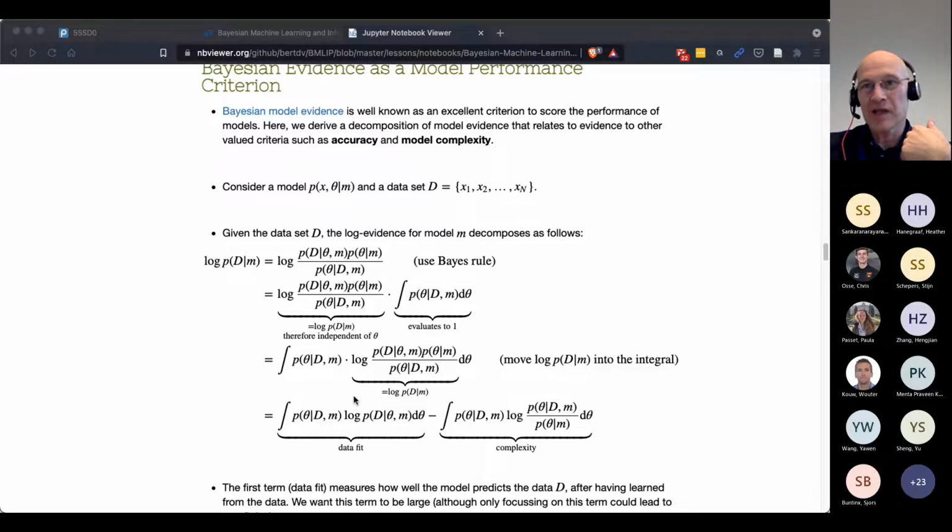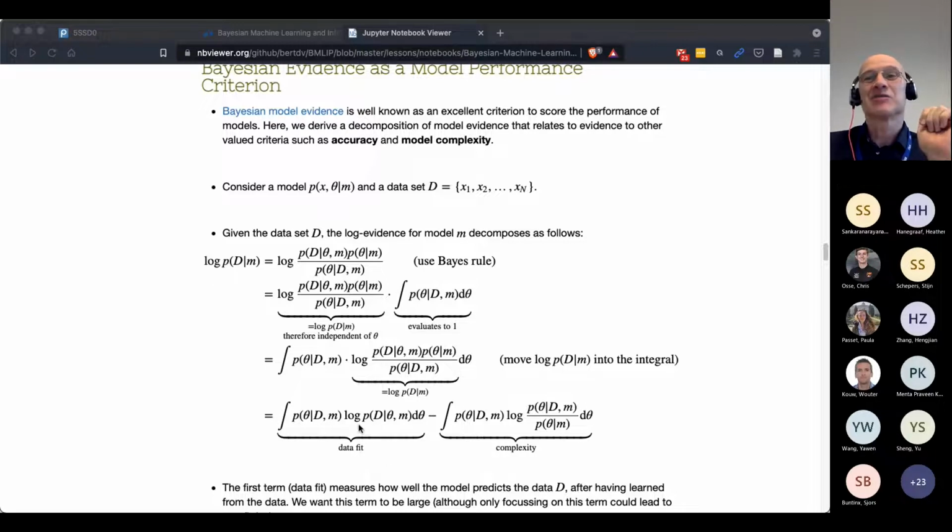Well, it's basically the likelihood, right? And we integrate out here the parameter. And what kind of distribution? Well, the posterior over the parameter. So after we do machine learning, after we incorporated the data. So this is sort of a predicted likelihood. It predicts how well my model will fit the data. So this is called data fit or accuracy.